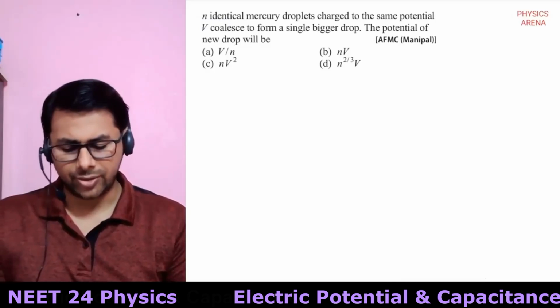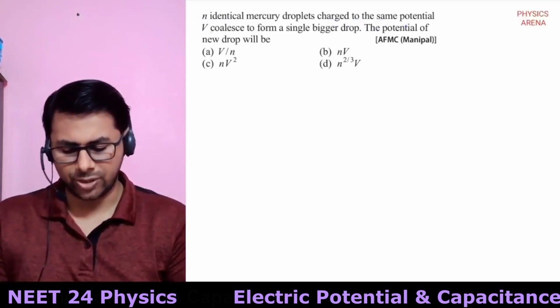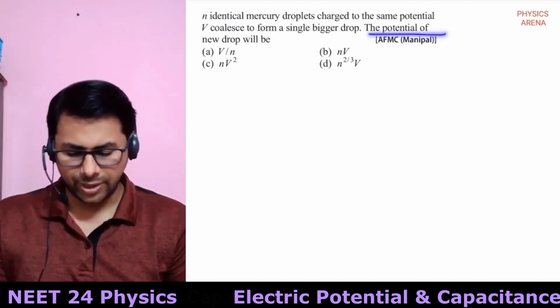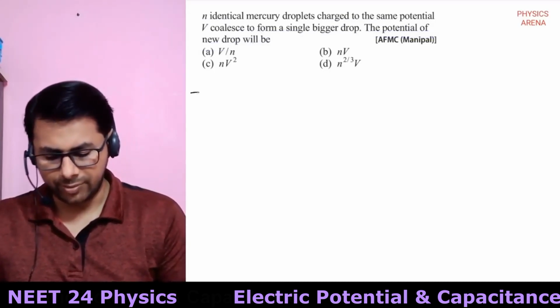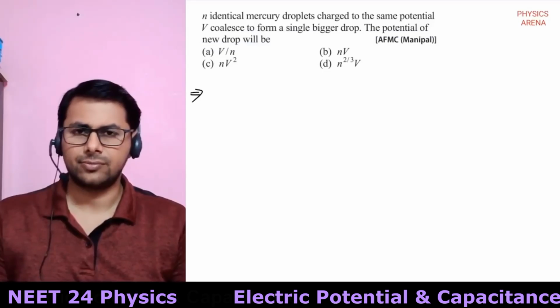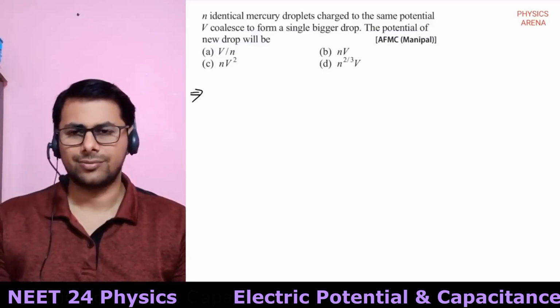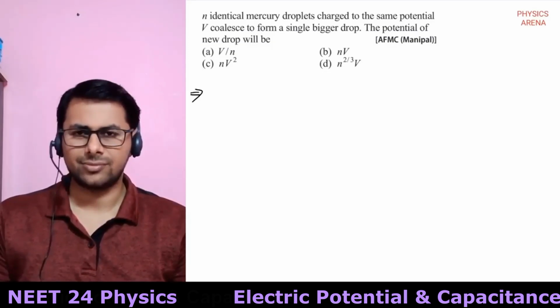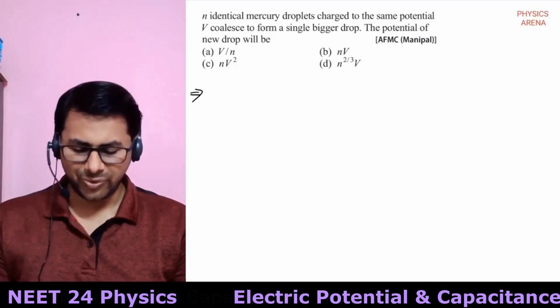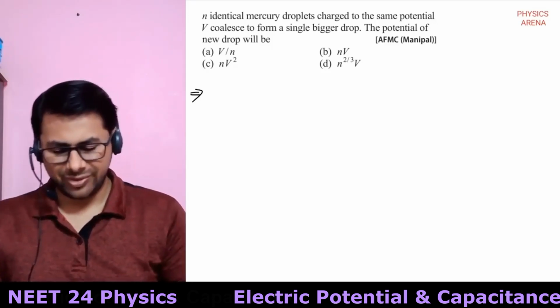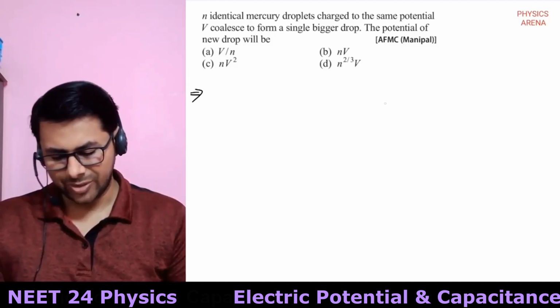N identical mercury droplets charged to the same potential V coalesce to form a single bigger drop. The potential of the new drop will be? Tell me. What will be the potential? So once again, we can say n identical mercury drops.